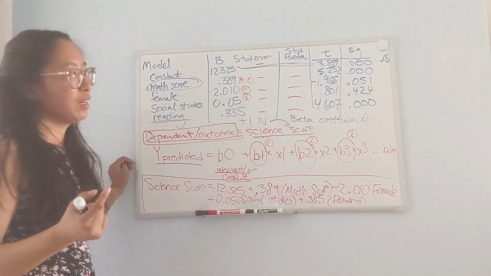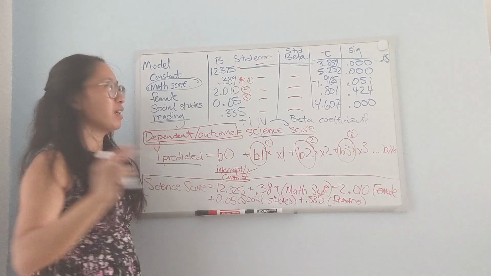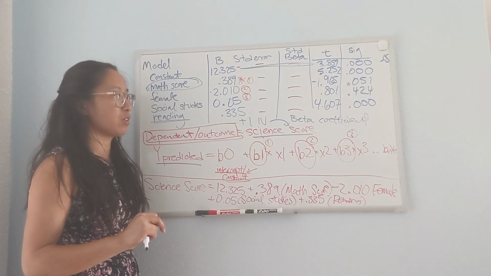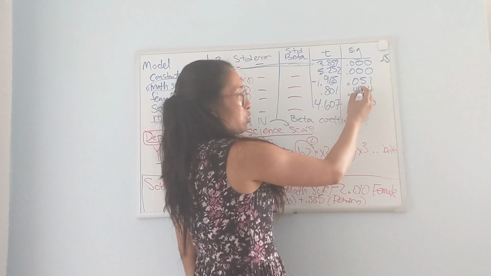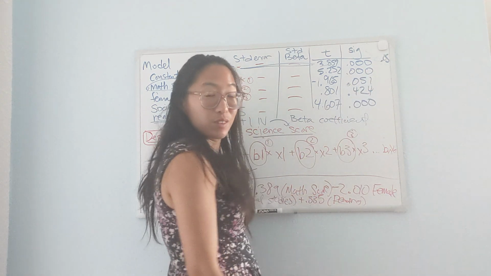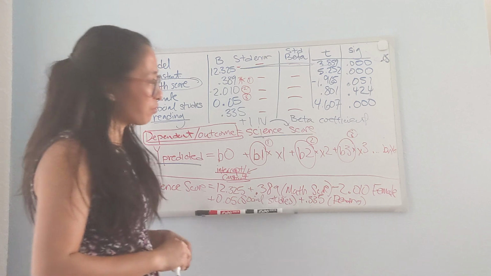I wouldn't even count gender as a predictor. Do you see how it's 0.051? It's above 0.05, so I wouldn't consider it a predictor.